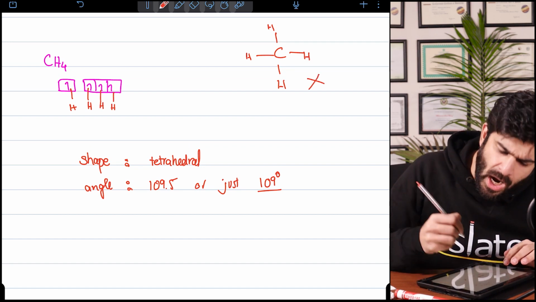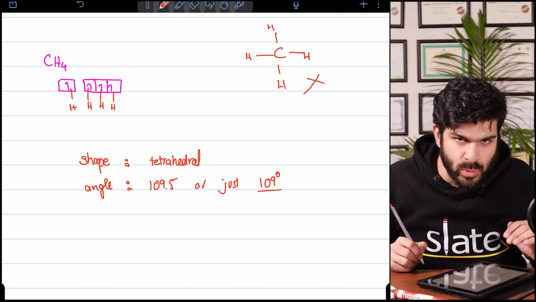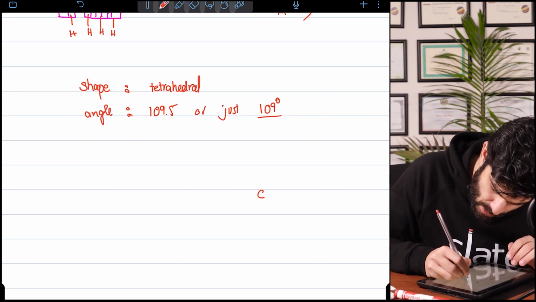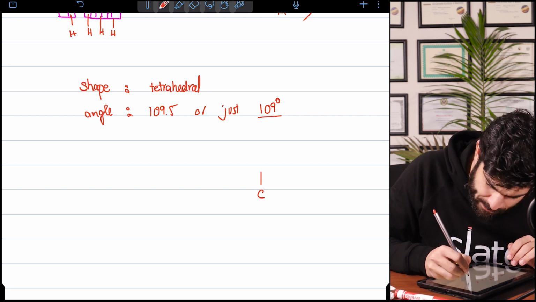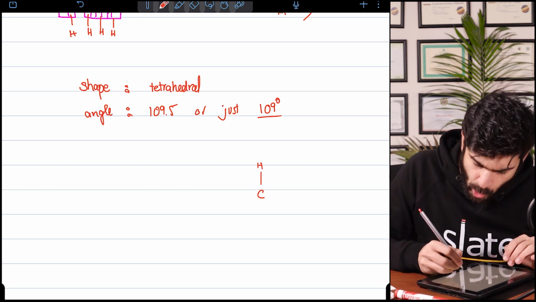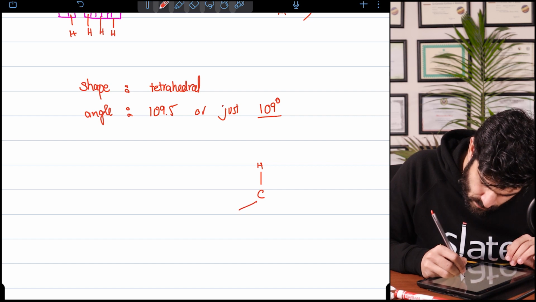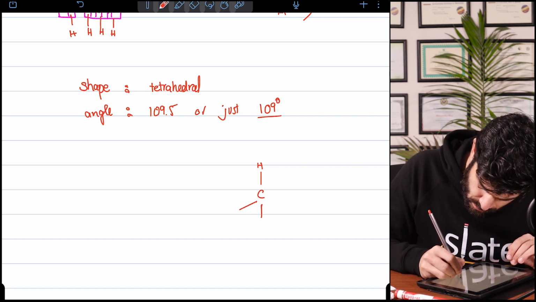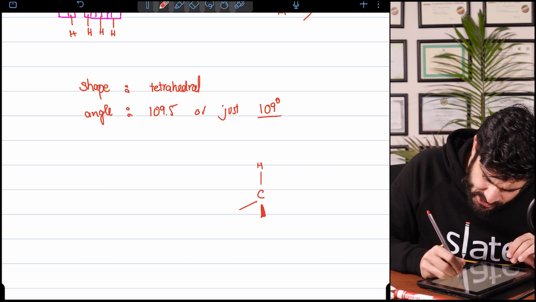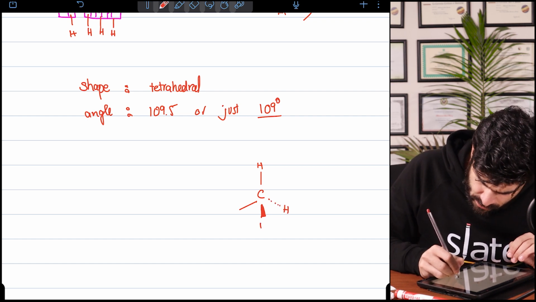So we will not make carbon dioxide, methane this way. We would rather make a 3D shape with a dot and wedge model. So this is a wedge, this is a dot.